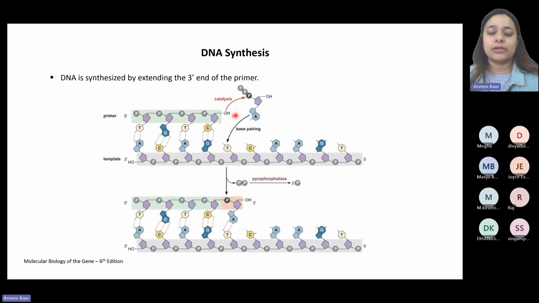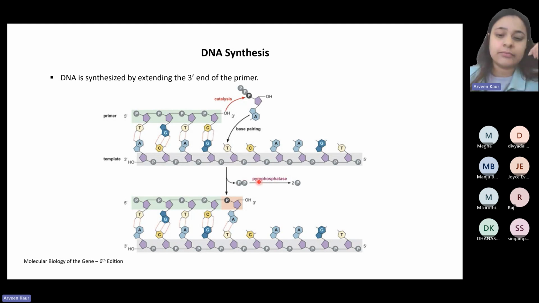That being said, there will always be a hydroxyl group at the 3' end of the phosphate backbone that will be reactive. It will react with the incoming phosphate group of this particular dNTP that is being added, right? Once this reaction happens, a pyrophosphate will be removed.